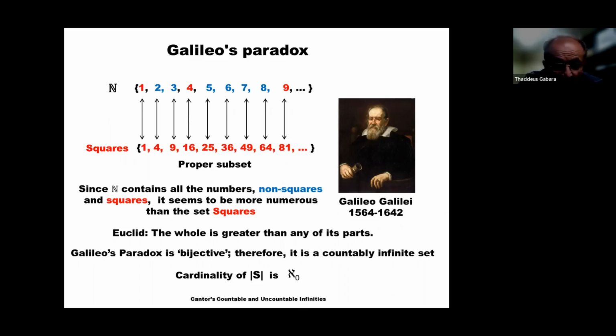We sent 1 and 1 through the gate, 2 and 4 through the gate, 3 and 9 through the gate, and everything matches perfectly. It is a countably infinite set, all of the squares that exist. The cardinality of the squares is Aleph null.